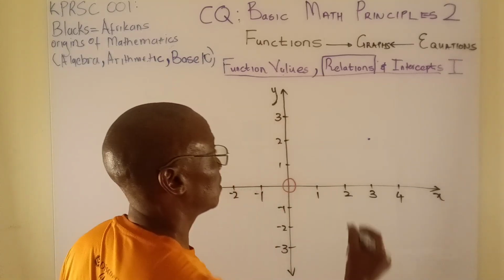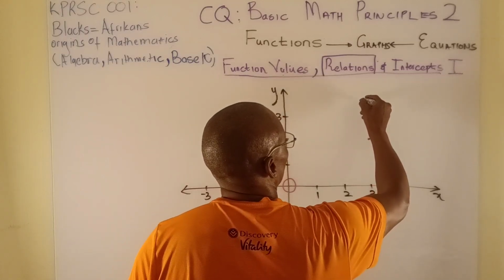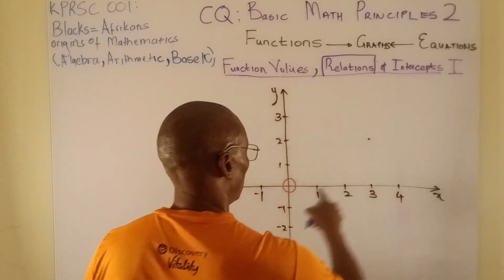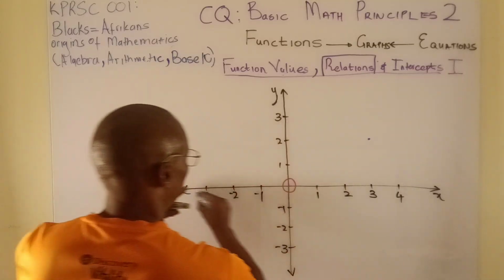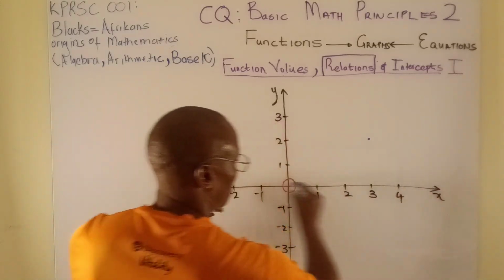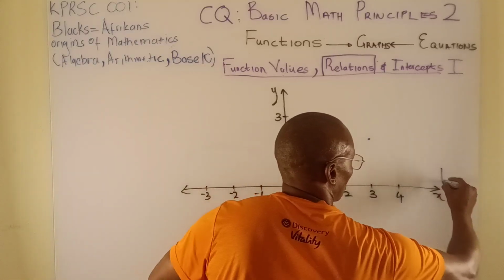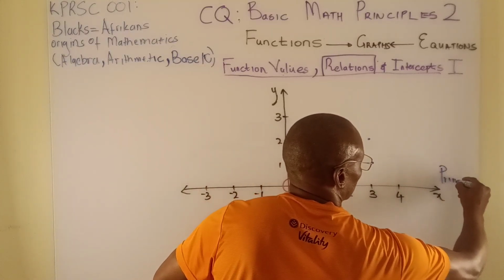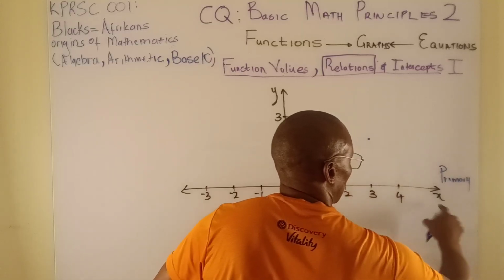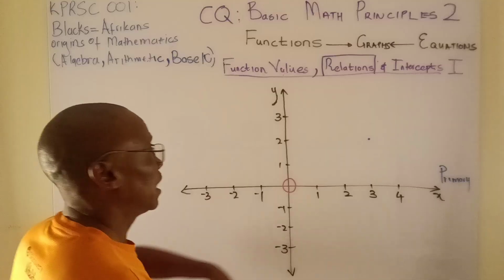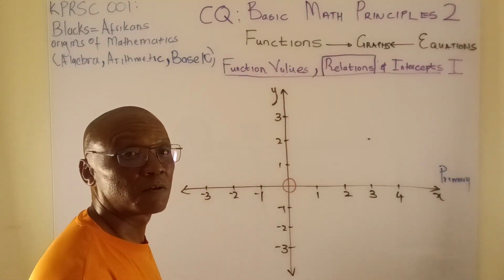And we set a standard that we are going to describe it firstly in terms of our primary axis, which we label as the x-axis, and then what I call the secondary.